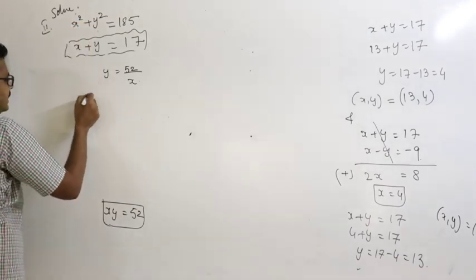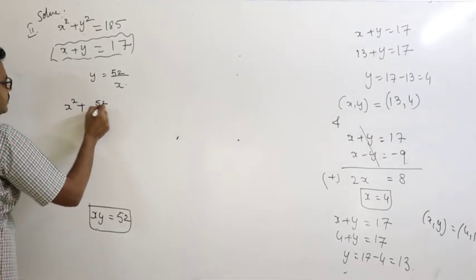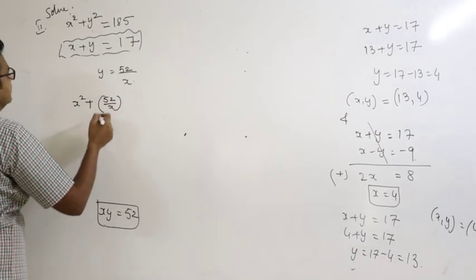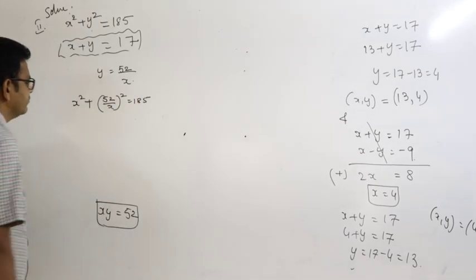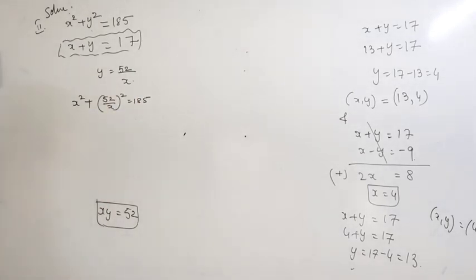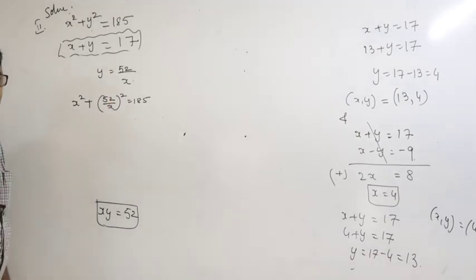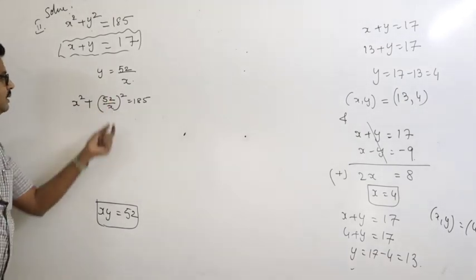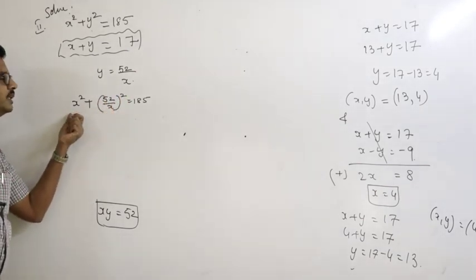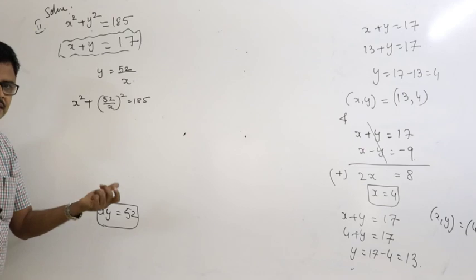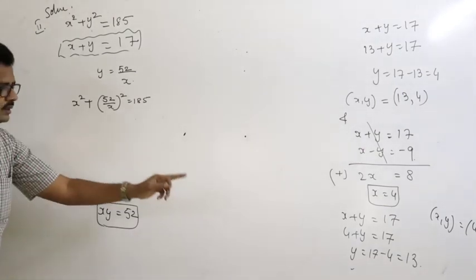That means x square plus y square, where y square is 52 by x whole square, is equal to 185. This is a lengthy one, but it is also correct. You get a fourth degree equation, and by factorizing it is a little bit lengthy, so you have to go for that process.